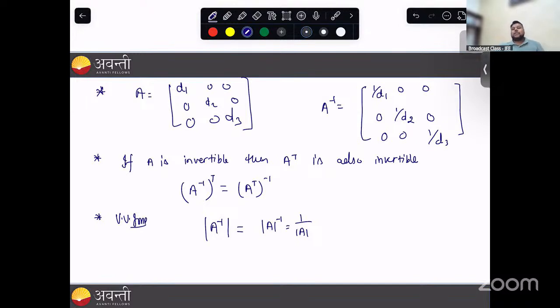So these are all the properties of determinant, inverse of a determinant mostly. Got it?